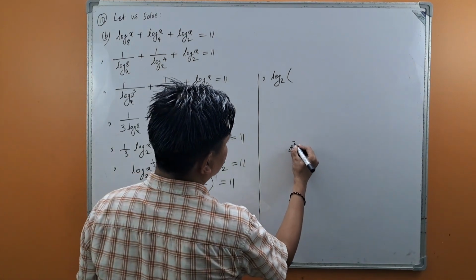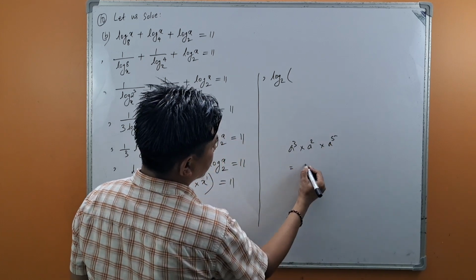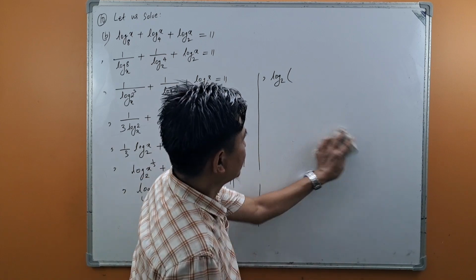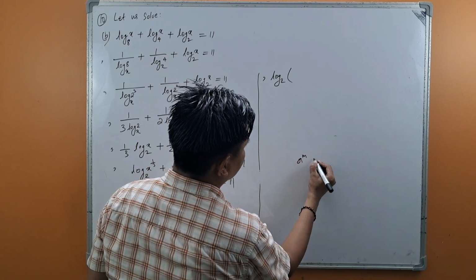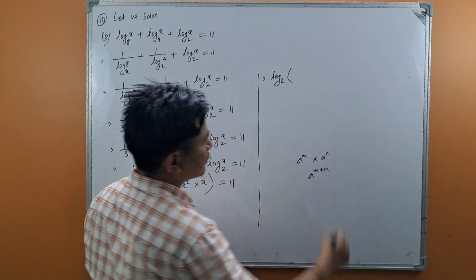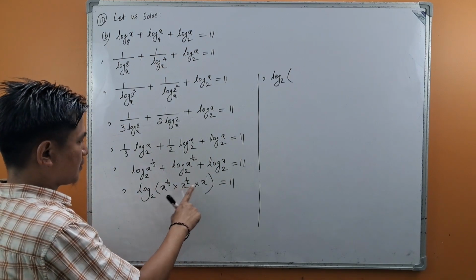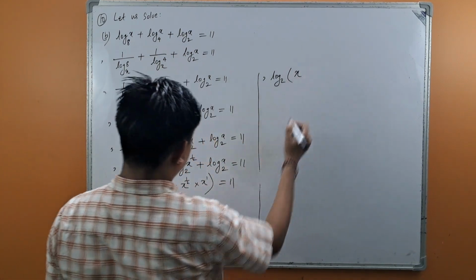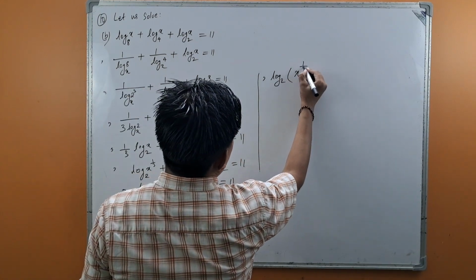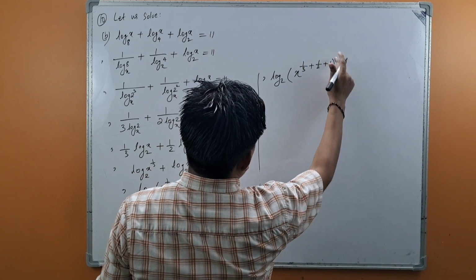Suppose if we have a cube into a square into a to the power 5, then we can write this as a to the power 3 plus 2 plus 5, isn't it? a to the power m into a to the power n is a to the power m plus n. We learned this in indices, isn't it? So we're going to apply this. So x into x into x, we write x to the power 1 by 3 plus 1 by 2 plus 1.